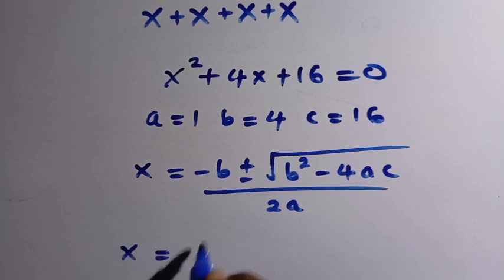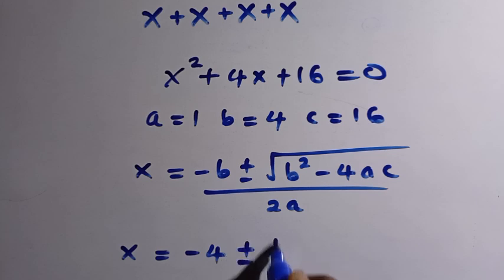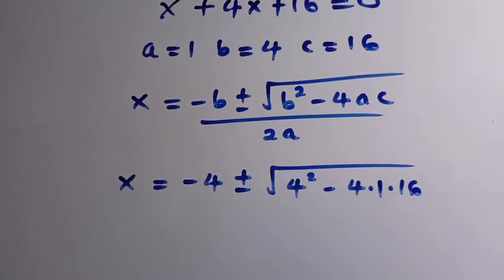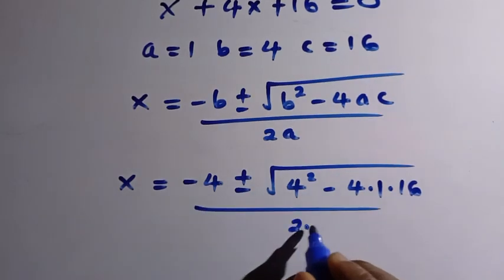We have x equals minus b, that is minus 4, plus or minus the square root of 4 squared minus 4 times 1 times 16, divided by 2 times 1.